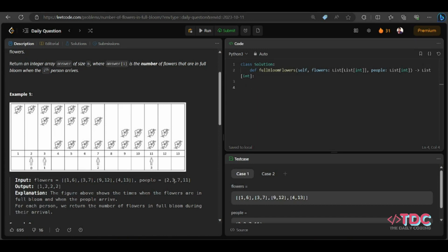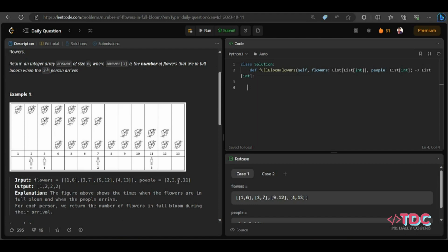So I will check how many flowers are in bloom at this time. Is 3 between 1 and 6? Yes. Is 3 between 3 and 7? Yes, because 3 is a starting time, so it is in between them. Is 3 between 9 and 12? No. Is 3 between 4 and 13? No. So my count is 2.